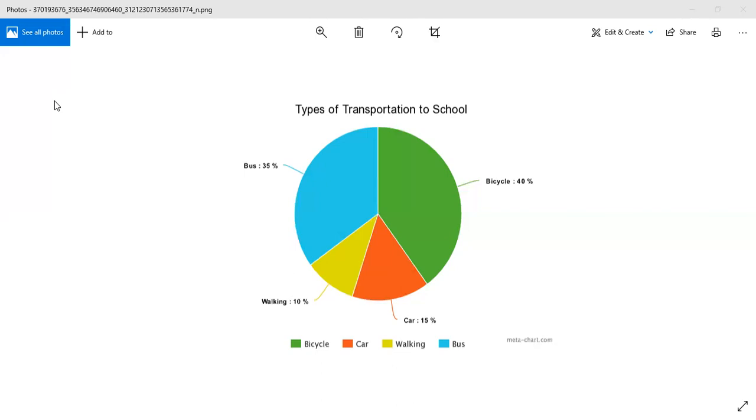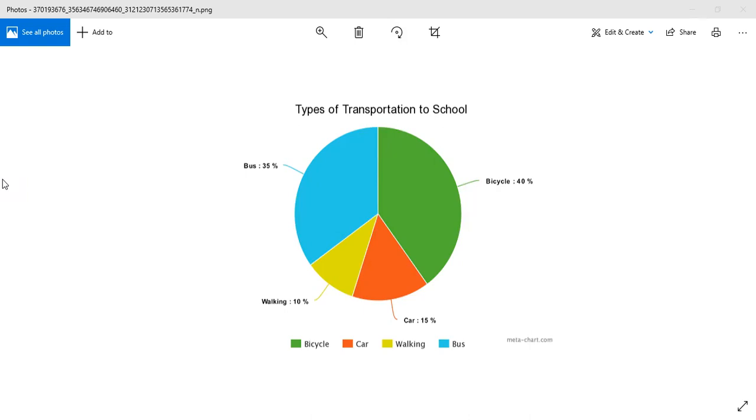In this pie chart, we can see the percentage of students who ride the bicycle is 40%. Then the percentage of driving a car is 15%. Then the percentage of students who walk to school is 10%.